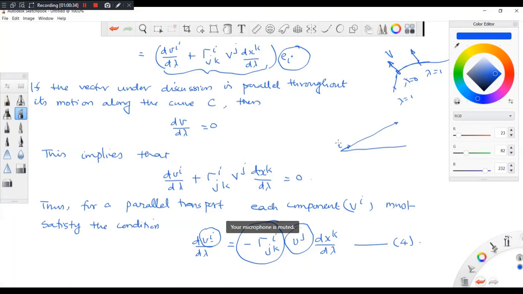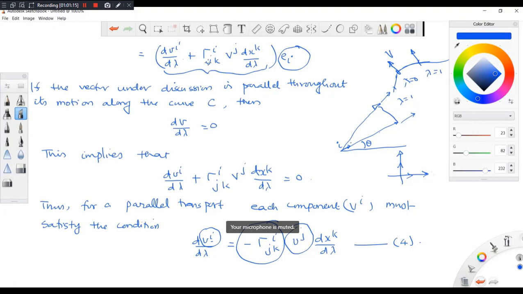So where will the direction of I be? The direction of I will be different. Here the direction of I was this, now the direction of I has changed. If you take the x-axis and y-axis, they are an orthogonal coordinate system. I will be in this direction, J in this direction, and this will not change. But if you take a polar coordinate system, I and J are continuously changing. Okay, sir. So that's why you need to take the derivative of EJ.